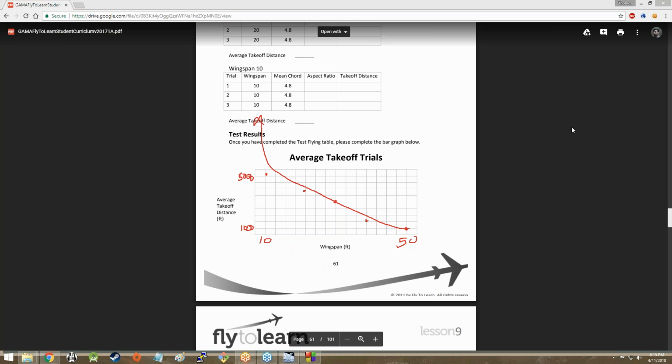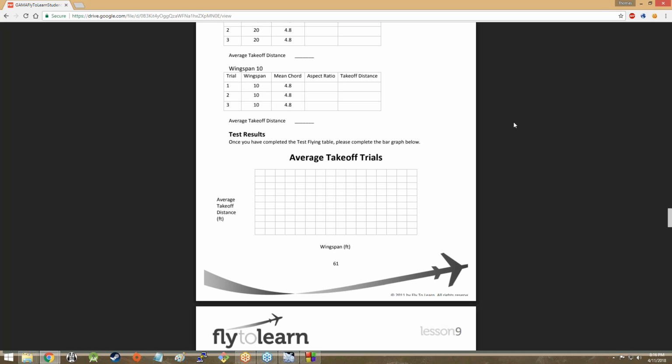Generally speaking, though, it is easier to take the plane off with a longer wingspan. And to a point, this is certainly true. At some point, the wingspan becomes long enough that the plane becomes too heavy to take off. And as you increase the wingspan, you also sacrifice maneuverability and speed on the plane.